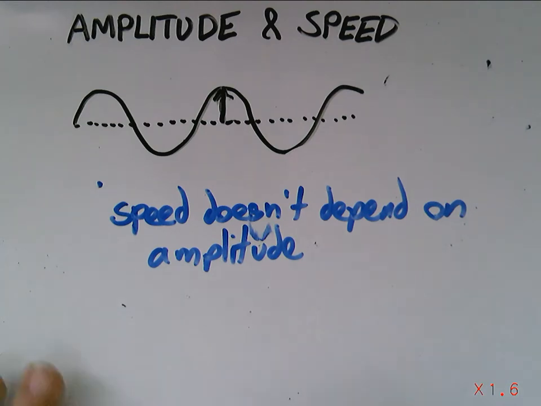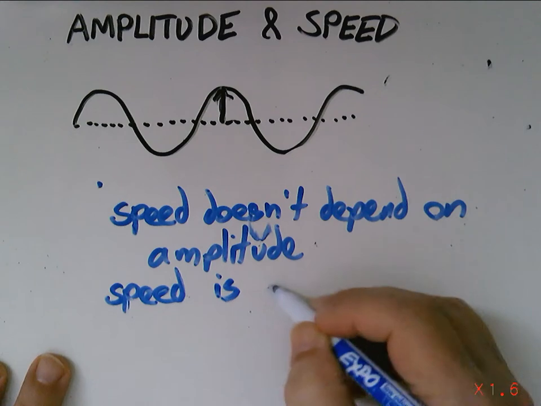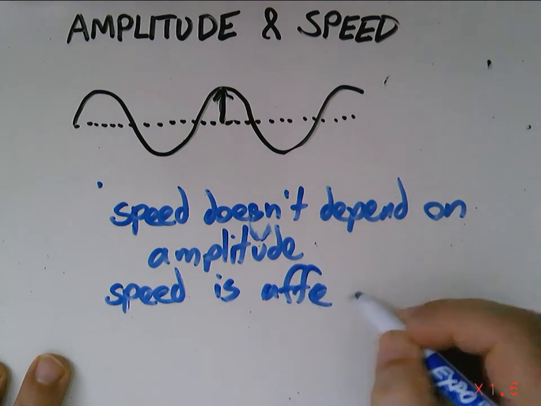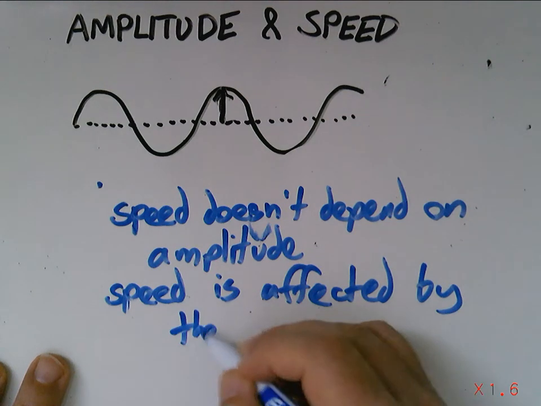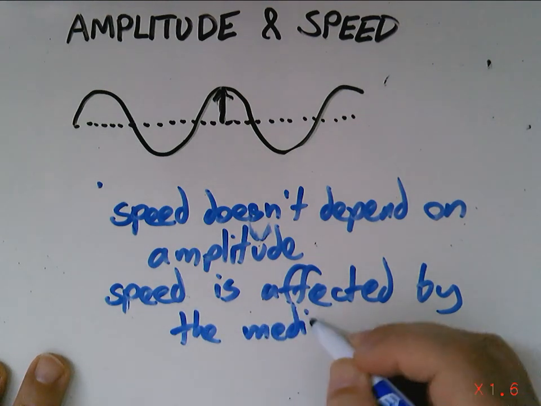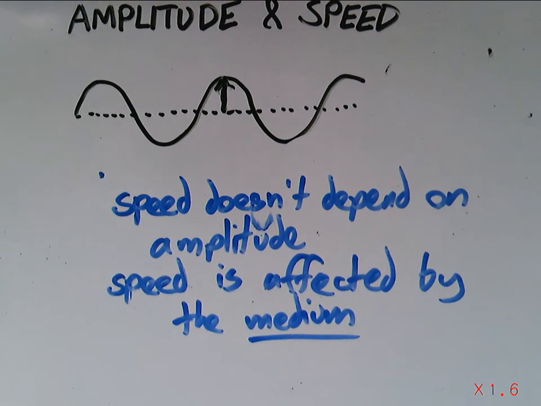What does matter is the speed of a wave is affected by the medium. That is what it's moving through. Waves will move at different speeds through different media.